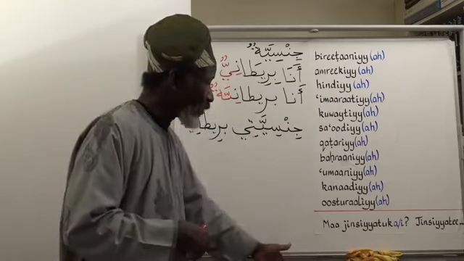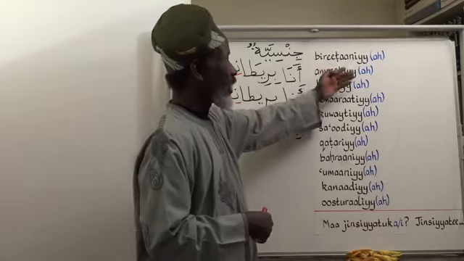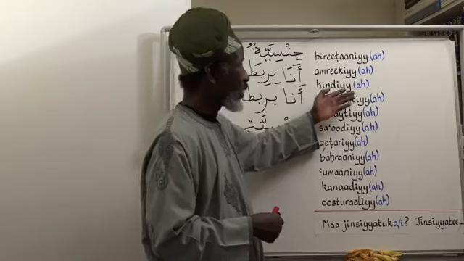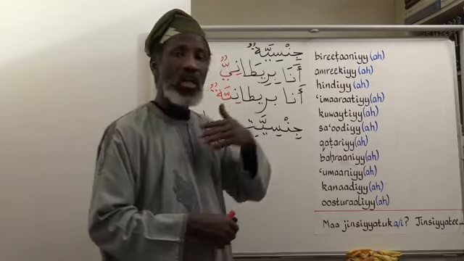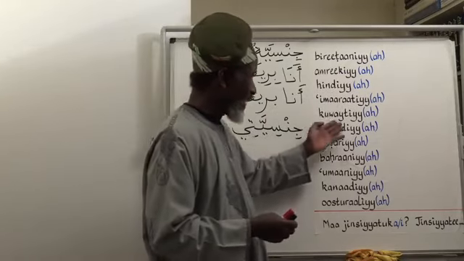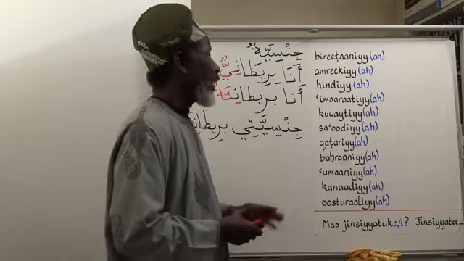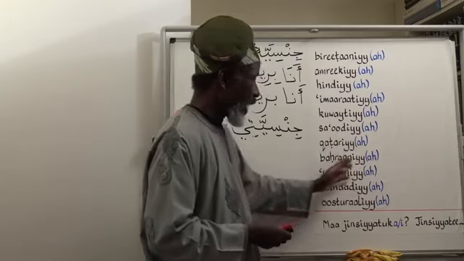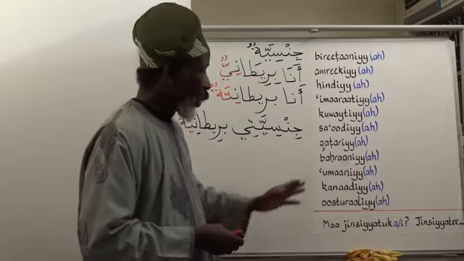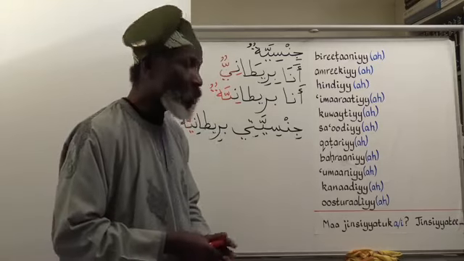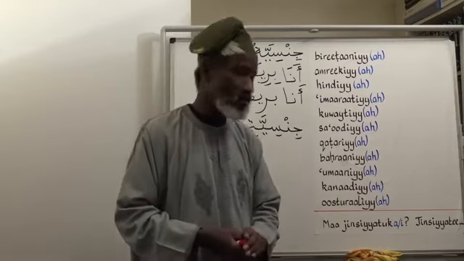A quick read through this again. Britaniyun, Britaniya, Amerikiyun, Amerikiya, Hindiyun, Hindiya, Imarati, Imaratiya, Kuwaiti, Kuwaitiya, Saudi, Saudiya, Qatari, Qatariya, Bahrani, Bahraniya, Omani, Omaniya, Canadi, Canadiya, Australi, Australiya.